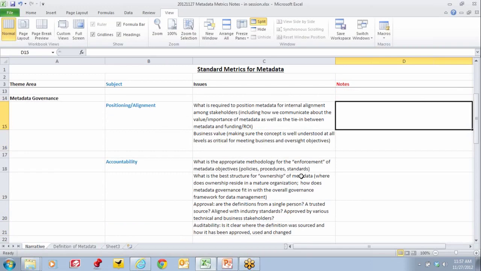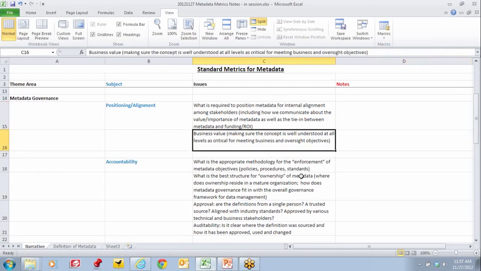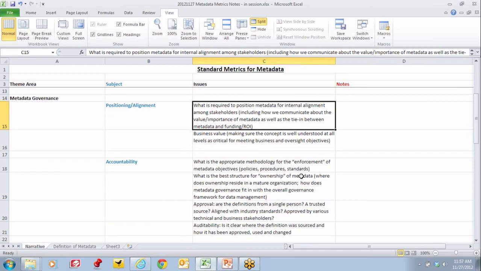Part of this is about alignment, and I think that's very similar to business value. So I would probably make this 15 and 16C part of the business value conversation. Well, we can talk about that.